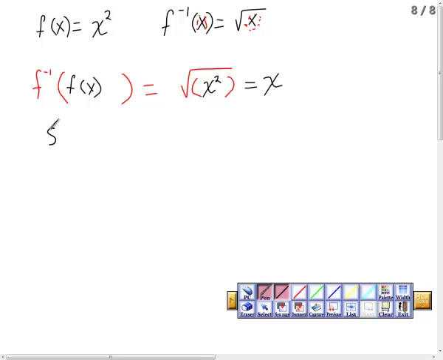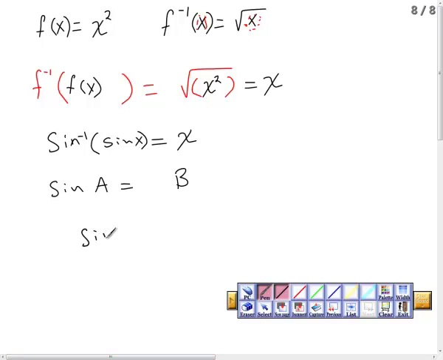Well, if we have here the inverse sine of sine of x, these two are inverses of each other, and you just get x. They're f inverse and f of x. So if we have here, let's say sine A equals 2b. Now I'm going to rewrite this down here. Sine A equals 2b.